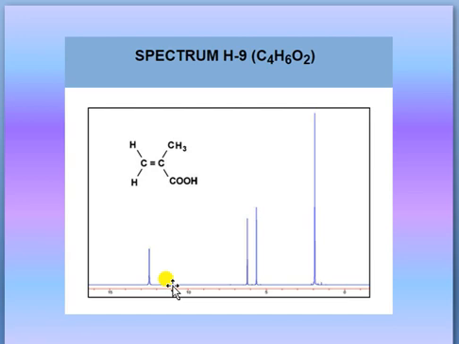And this compound absorbs UV at, suppose, 225, so it is UV active. IR is showing two peaks, a strong one at 1700 and a broad peak at 3300, and in the NMR spectrum all are singlet. So find the structure of this compound.